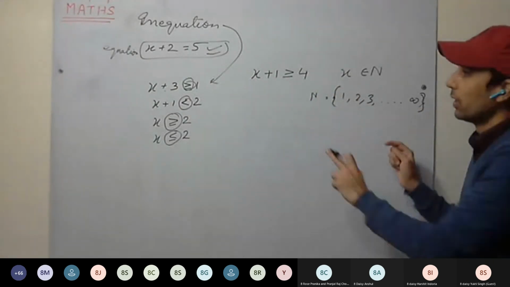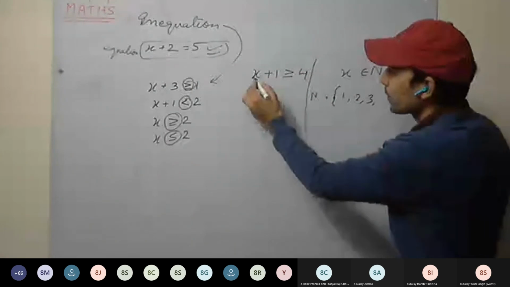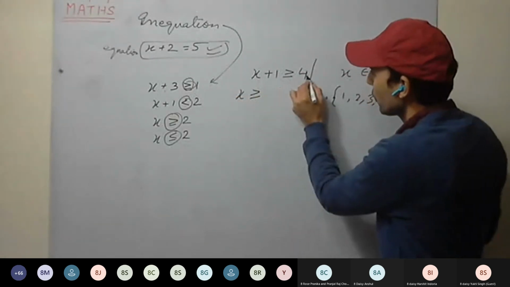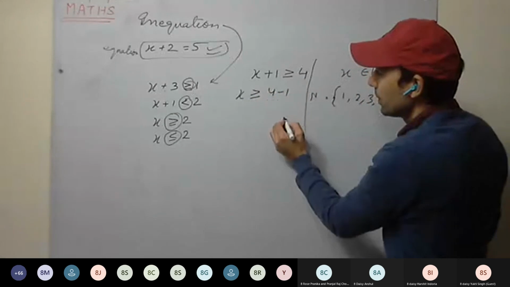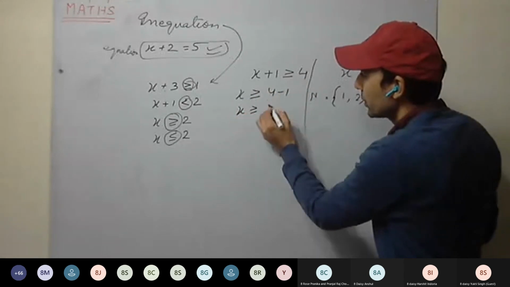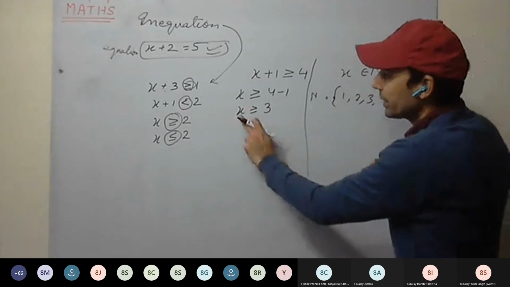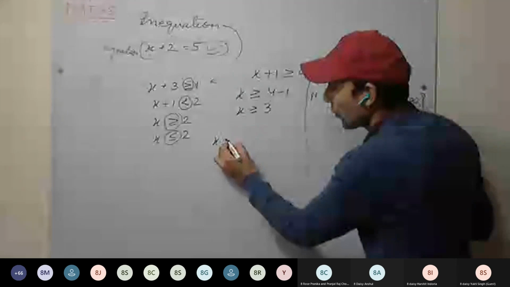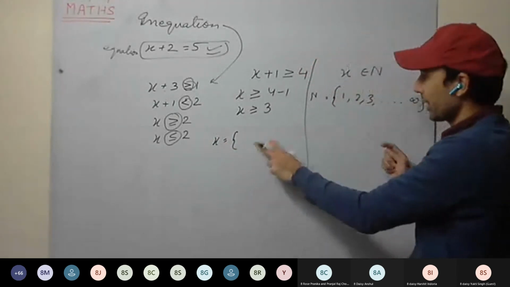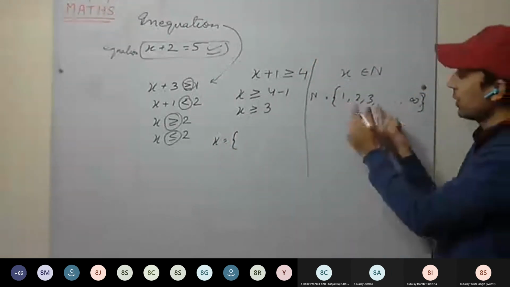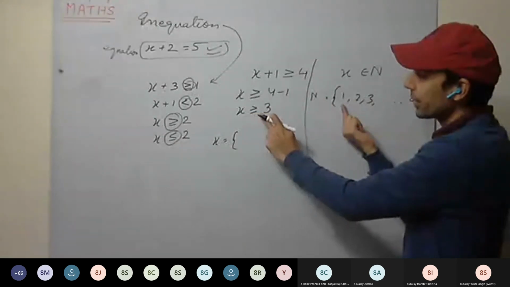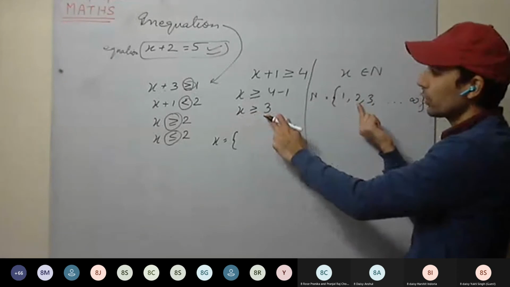Okay, understood this one? Now solve this inequation. X will be greater than or equal to 4 minus 1. X will be greater than or equal to 3. It means x is greater than or equal to 3. So what all values can x take from this set? 1 it cannot take, it won't satisfy. Is 1 greater than or equal to 3? No. Is 2 greater than or equal to 3?